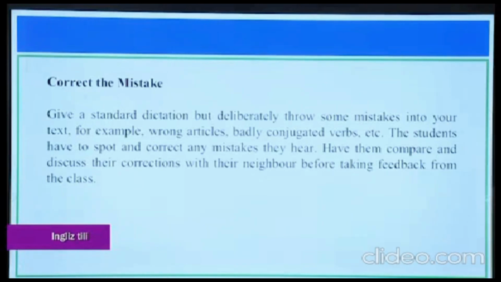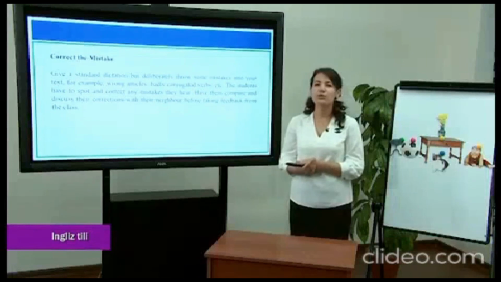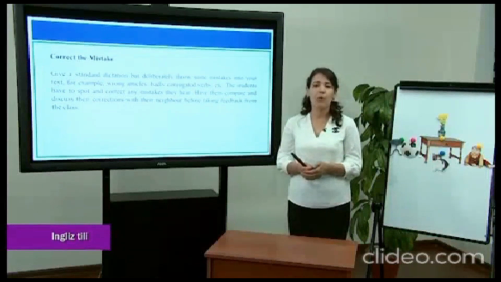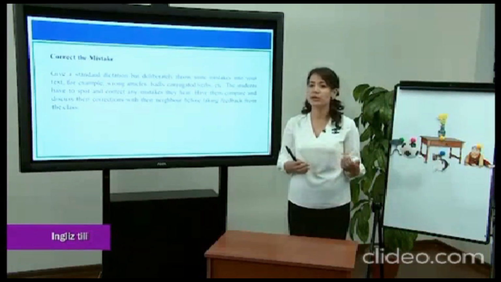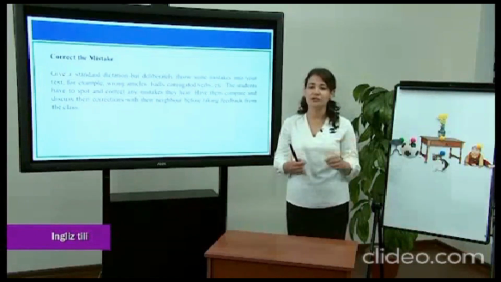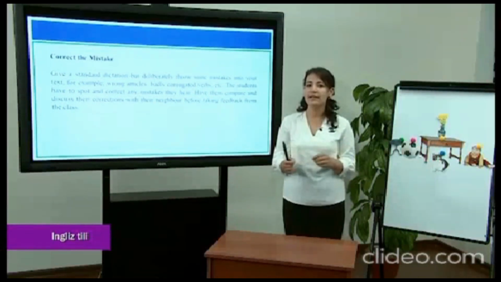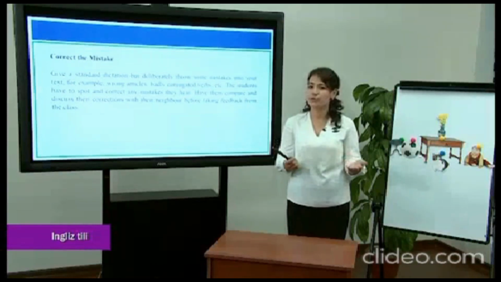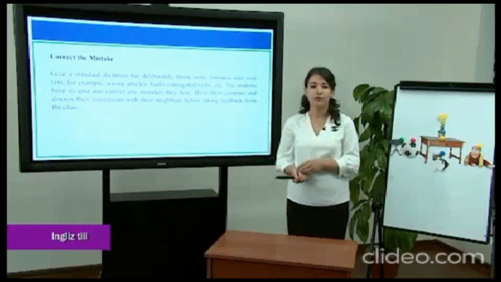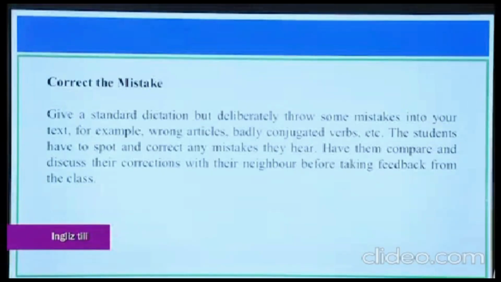For example, you should use a wrong article, or maybe a wrong preposition, or maybe badly conjugated verbs. And your pupils should analyze what kind of mistakes you are making. And they should correct the mistake and write down the correct form of the article or maybe of the verb. In this way, at the end, they will compare their dictations with their peers and analyze the mistakes of their peers too.